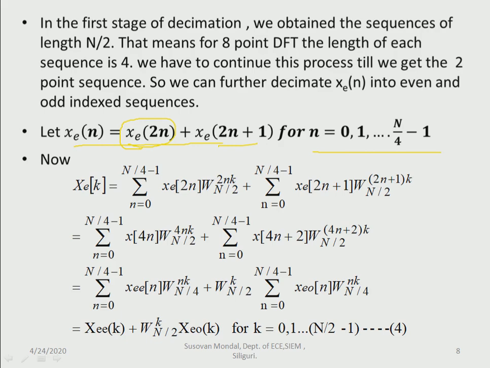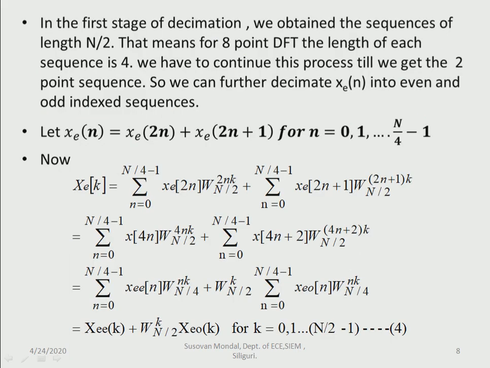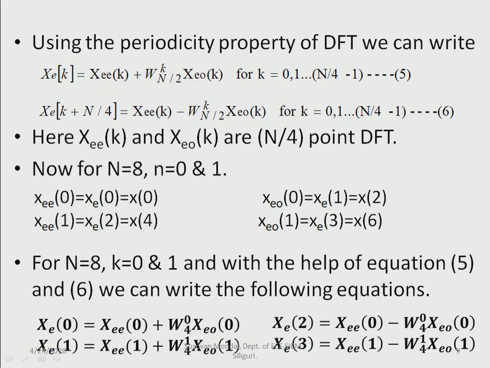Please go through, and we landed at equation number 4. Then again, if we apply the periodicity property, we land at equation number 6. So equations 5 and 6 will be the next stage equations.